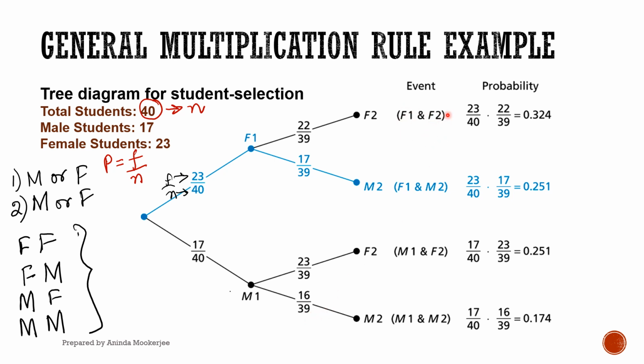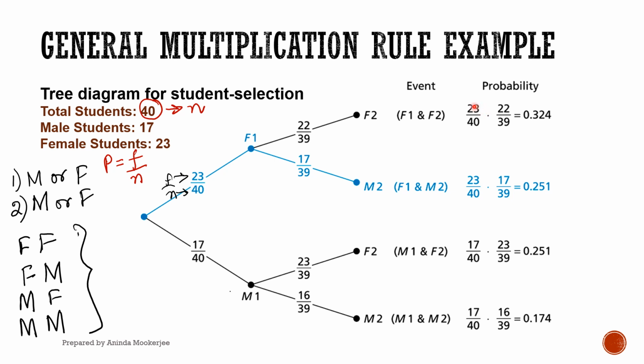And now to calculate the joint probabilities. And here are the events F1 and F2. F1 followed by F2. You have to multiply the two probabilities. That's why it's the general multiplication rule.